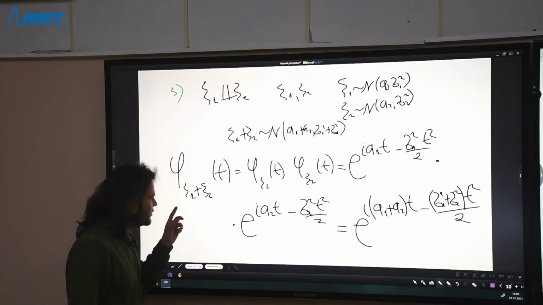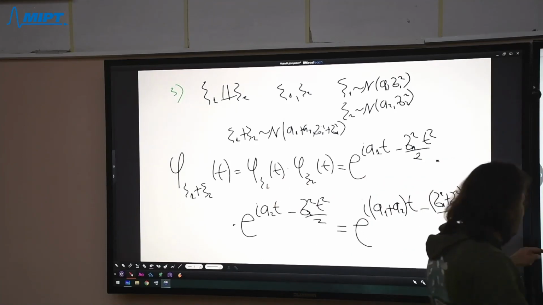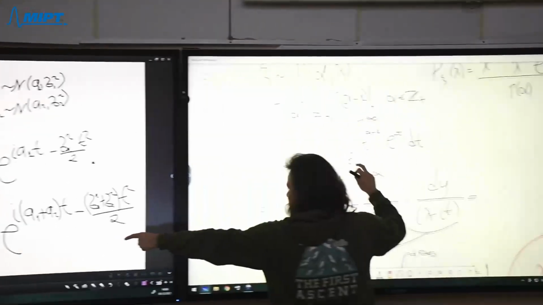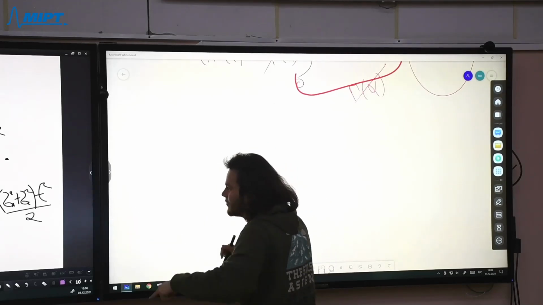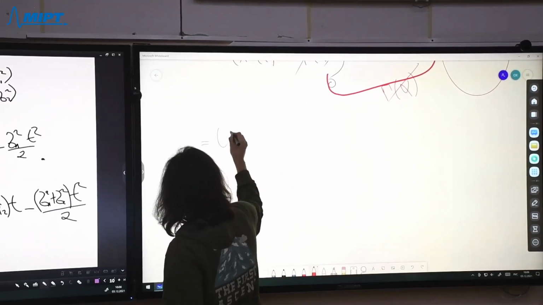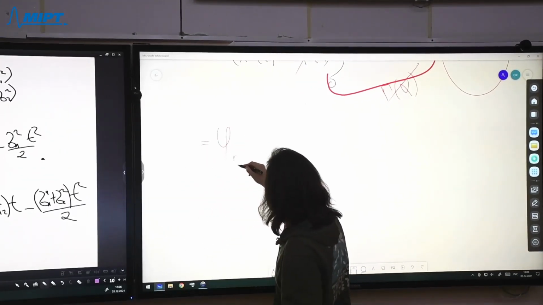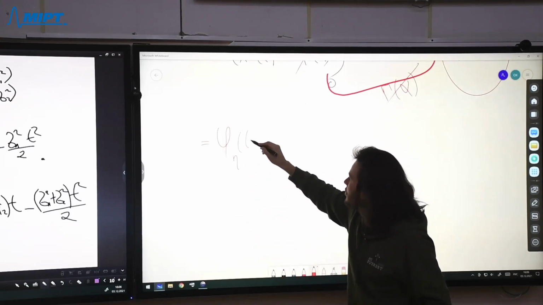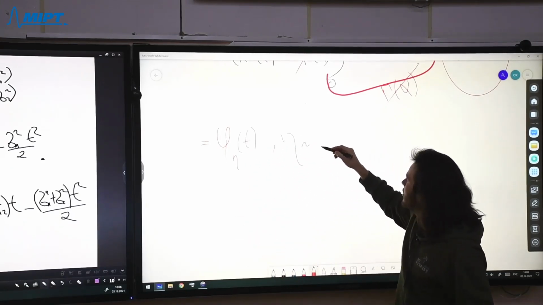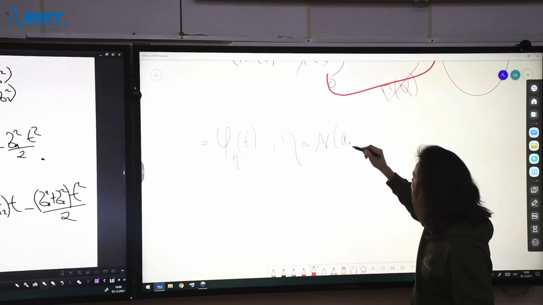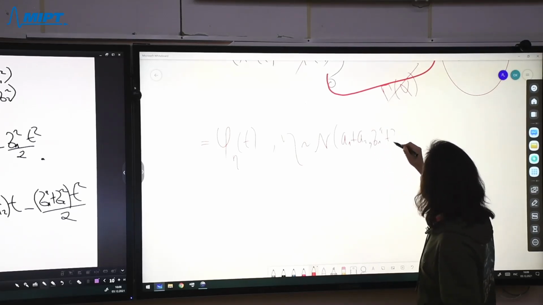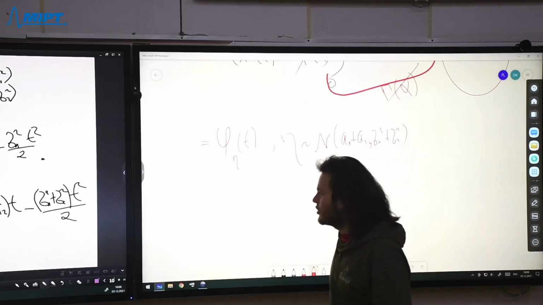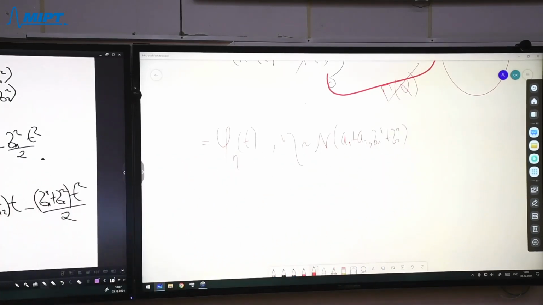So the characteristic function of the sum is this, and this is equal to the characteristic function of some random variable eta at the point t, where eta has the normal distribution with parameters a1 plus a2 and sigma 1 squared plus sigma 2 squared. So that's it, we proved it.